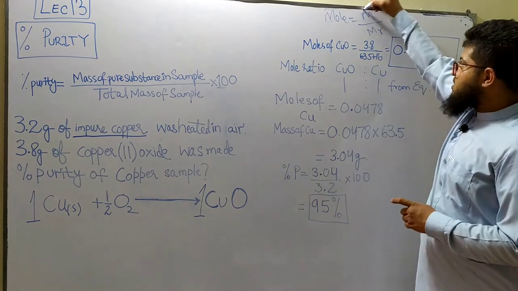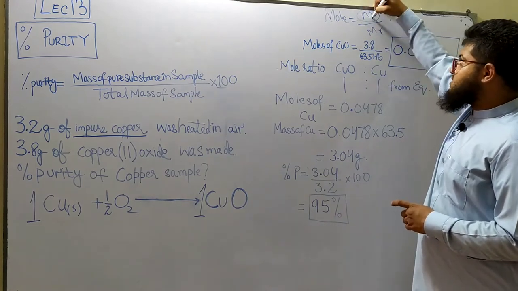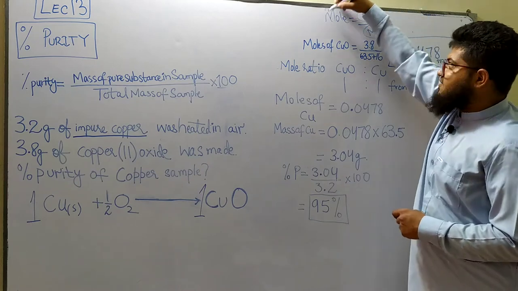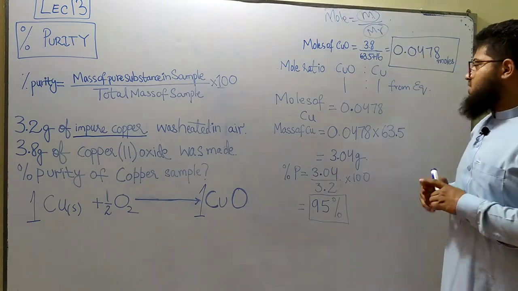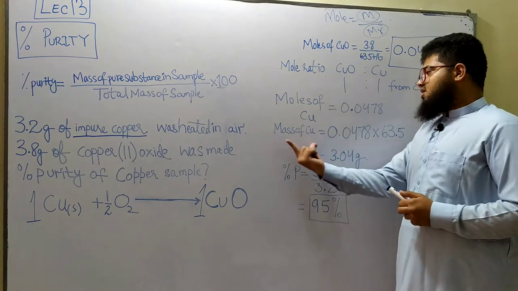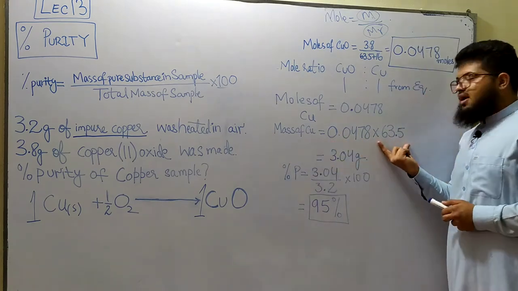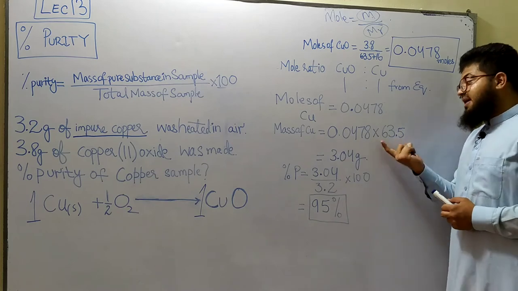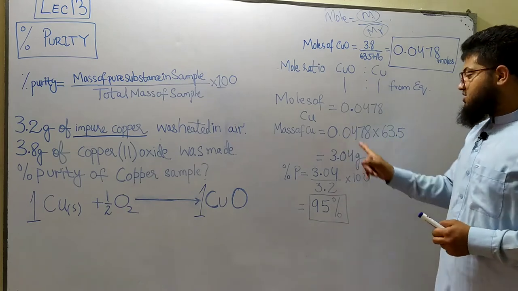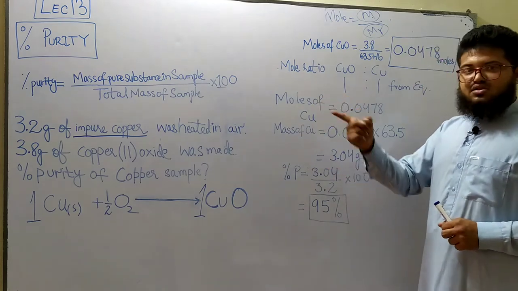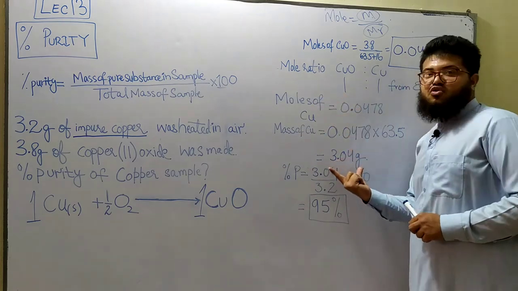So if you need to calculate the mass in grams, how are you going to do that? You will take the molar mass and multiply it with the moles to get the mass in grams. So we have done the same thing over here. Mass of copper is equal to the moles of copper multiplied by the relative atomic mass of copper. So once we multiply them, we've got the mass of copper in that impure sample. The mass of pure copper is 3.04 grams.